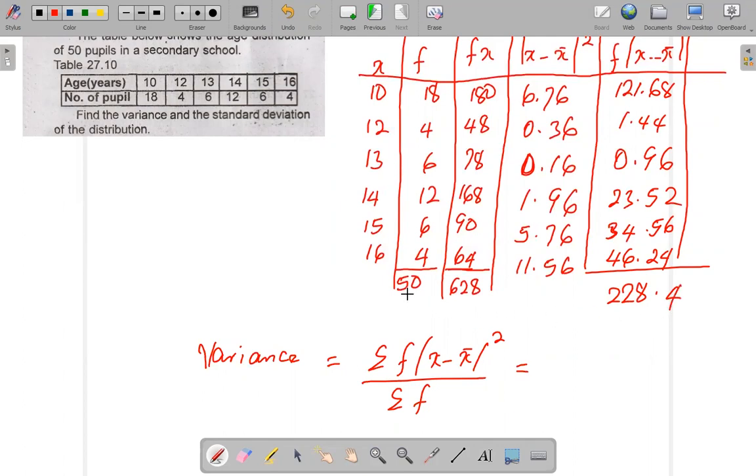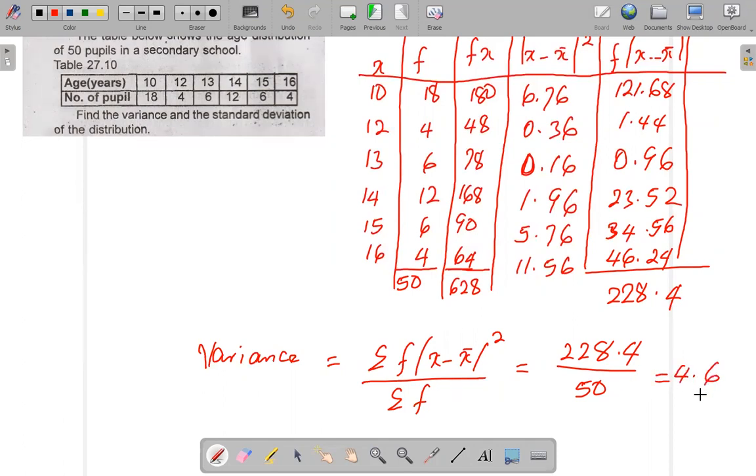And we already know summation F, which is 50. Therefore, variance is 228.4 divided by 50. 228.4 divided by 50 is 4.568, approximately 4.6.